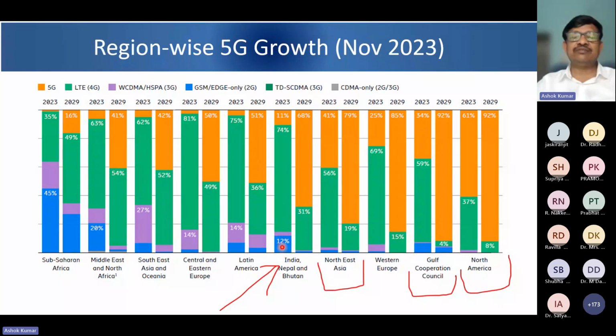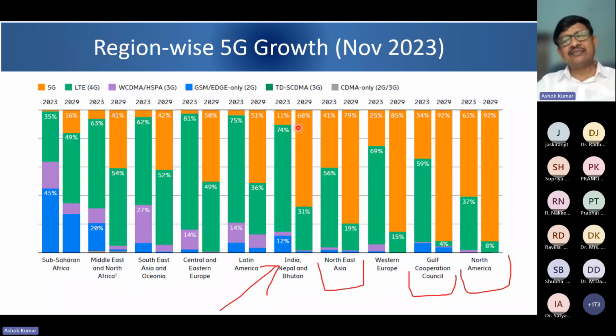So 12%, that's why I said that 12% of, if you count 140 crores, that is the number of 2G customers you have, and a very small number of 3G, that is mainly BSNL. But by 2029 it will be about 68% 5G, 31% 4G, and 2G will also completely die down. Maybe some residual would be there.